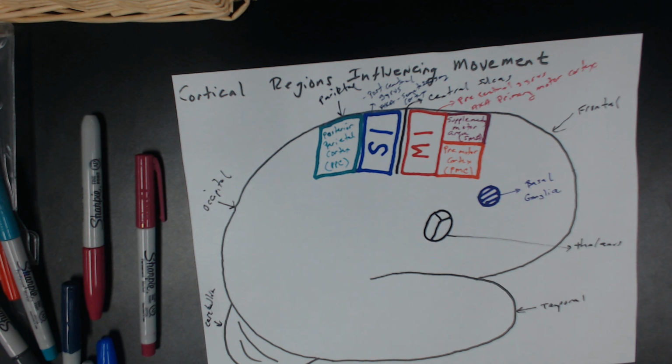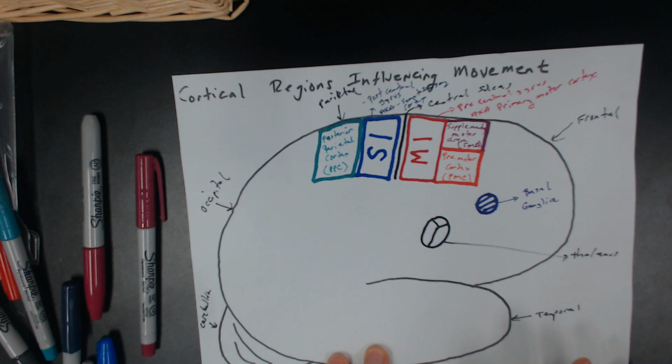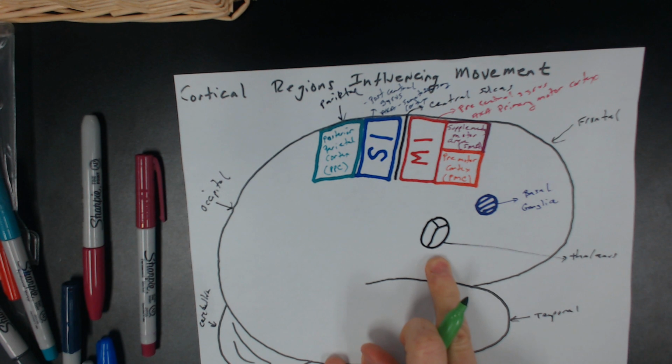Okay, but all of these are involved in contributing to the control of movement, or giving some information for the control of movement. So what happens is that you have the premotor cortex and the supplementary motor area. Somatosensory information, everything goes through the thalamus. We've seen that previously.